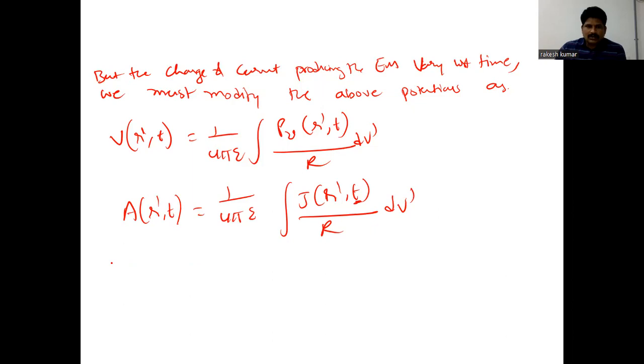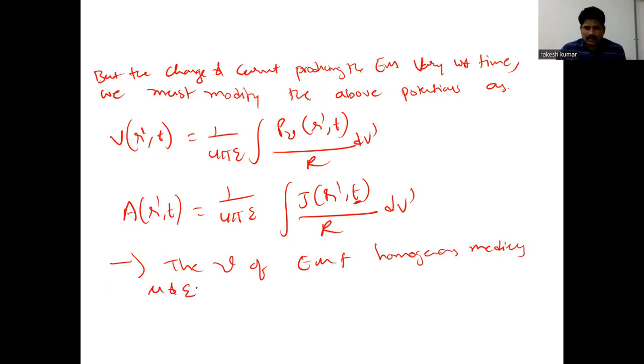Okay, so the velocity of the electromagnetic field through any homogeneous medium can be described in terms of mu and epsilon, that is permeability and permittivity. It is given as velocity is equal to 1 by root of mu into epsilon.